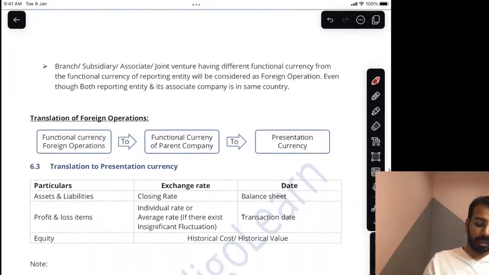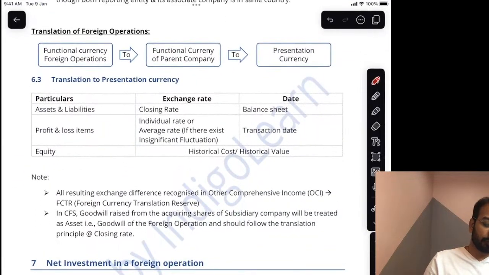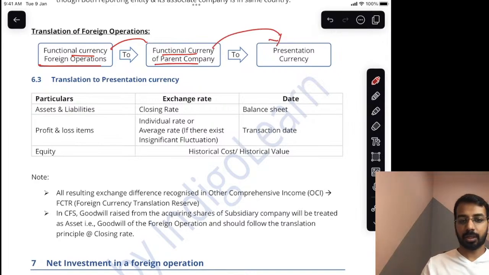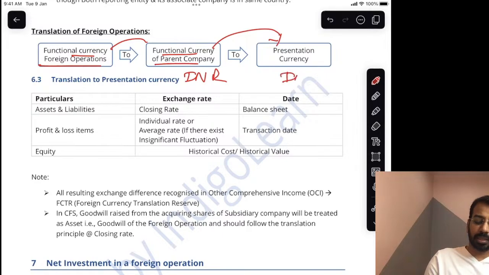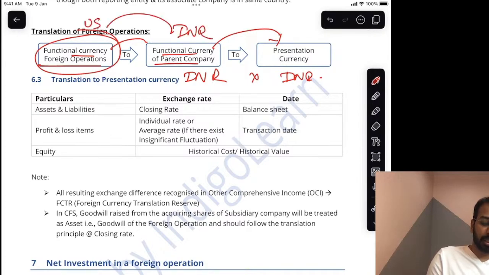Now, the way translation works is that the foreign operations, whatever you have, you will convert into the functional currency of the parent company, which will again be converted into the presentation currency. In most cases, let us say functional currency is INR and presentation currency is also INR, this translation is not needed. Otherwise, you will take the US branch to INR in India and subsequently to the presentation currency.